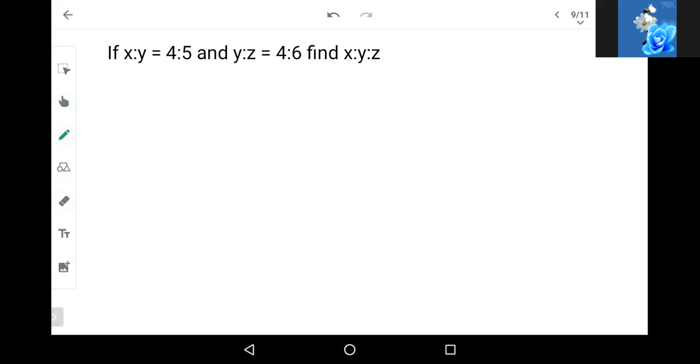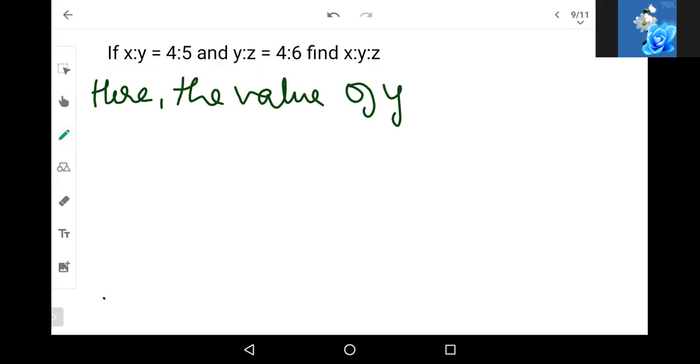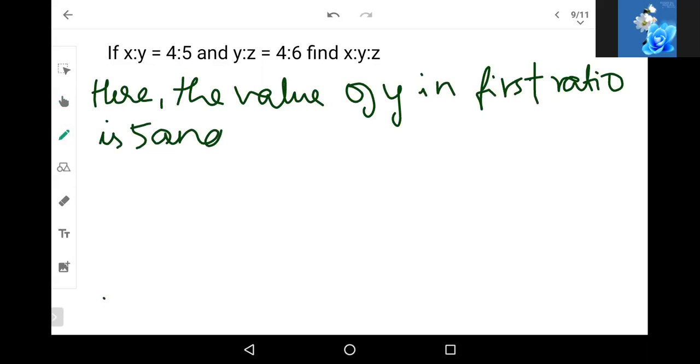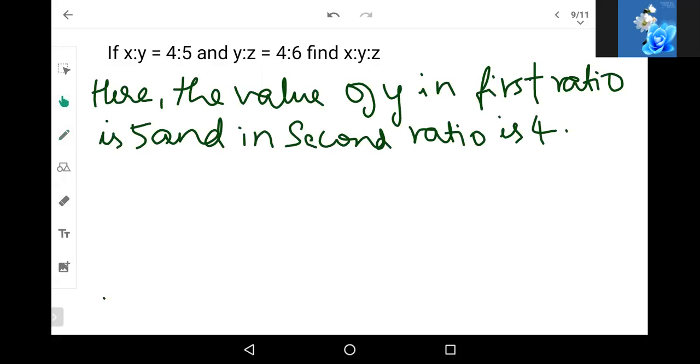Okay, we'll write down a few statements since you require some explanation. So here the value of y in the first ratio is 5 and in the second ratio is 4.